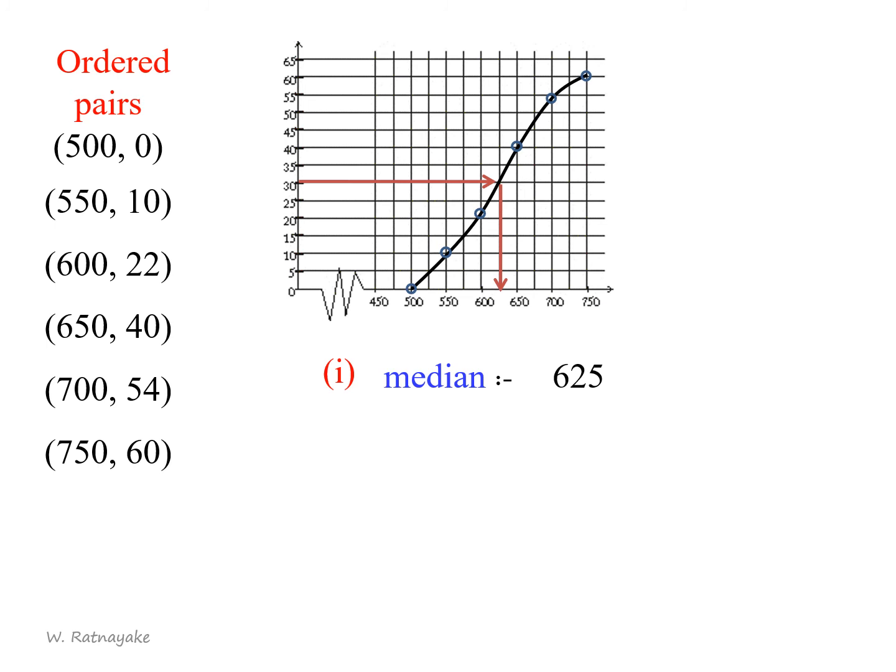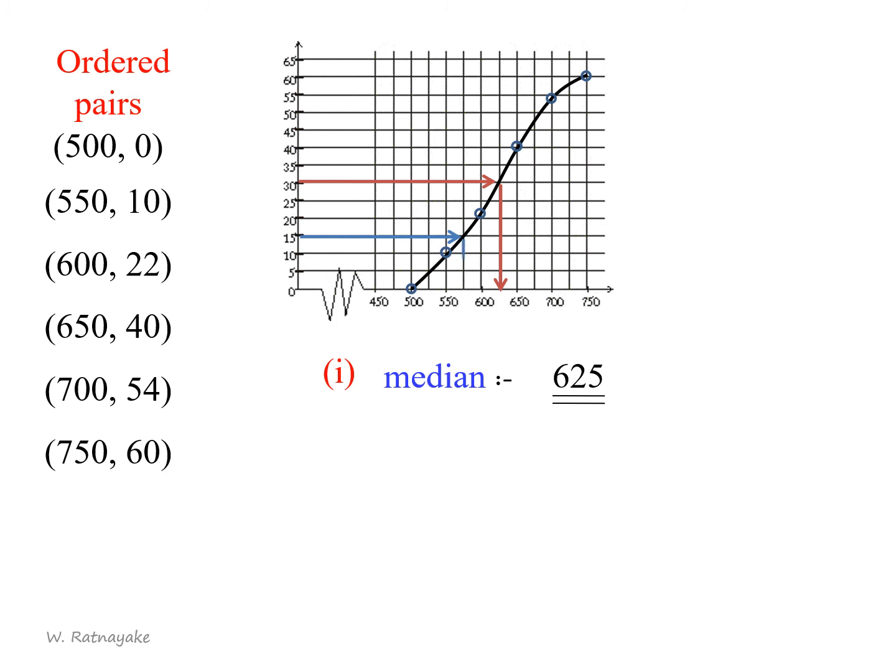That first part we can divide again into 2 equal parts, taking the margin as the 15th value. To find the 15th value, we draw a line parallel to the horizontal line from 15, and from there a perpendicular line.